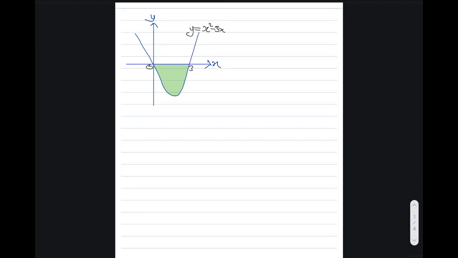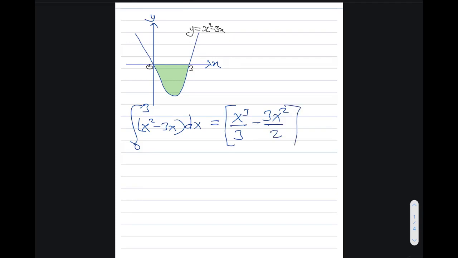This would mean that we will integrate from 0 to 3 of our curve. This would give us x cubed on 3, then 3x squared on 2, from 0 to 3.